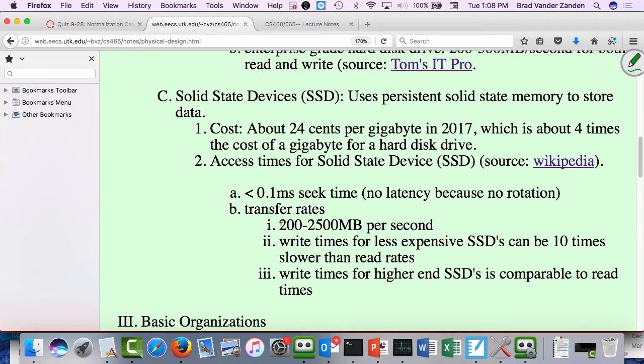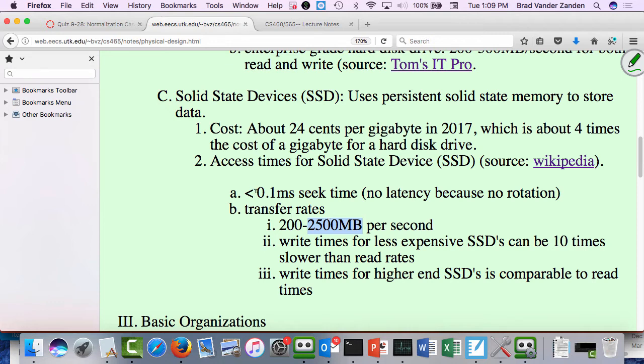So, for example, the transfer times on your cheapies are actually as good as the transfer rates on your enterprise grade hard drives. And on the top end, they are literally 10 times faster than your enterprise hard drives at transfer rates. Plus, no moving parts.